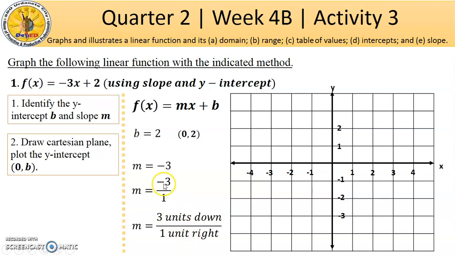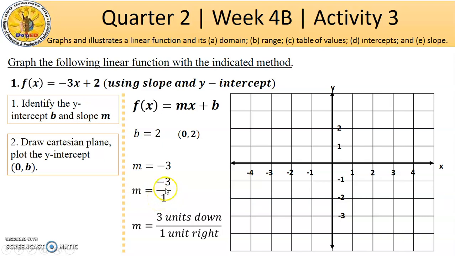So if the numerator is positive, you will move units up. Now, if the numerator is negative, you will move units down. And for the denominator, if the denominator is positive, you will move units right. And if it is negative, you're going to move units left.